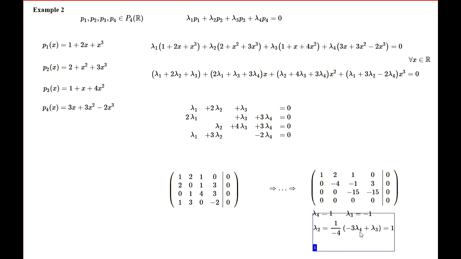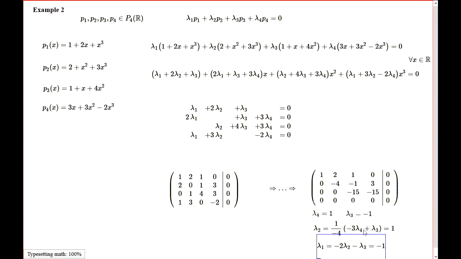That's the value for lambda 2 after back substitution. And now lambda 1, I solve it from the first line. The result will be -2 lambda 2, -lambda 3. And those values I know already. It's 1, -2, and +1, so it's a -1.